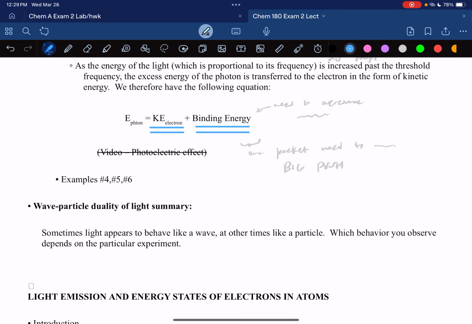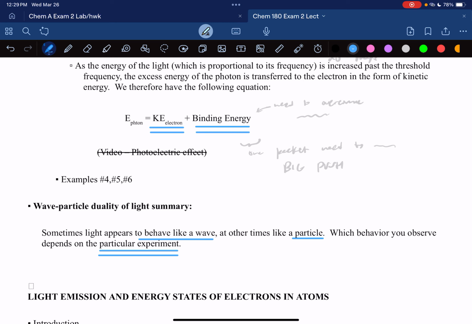Does it make sense? It's kind of hard to accept. Particle and wave seem to contradict each other to me, but they don't. We're not talking about a particle in the sense of little mass, but in the sense of particle energy. Does it make sense, everyone?